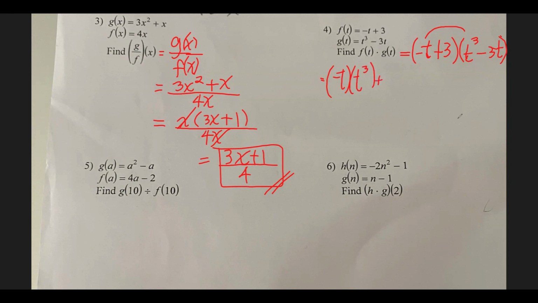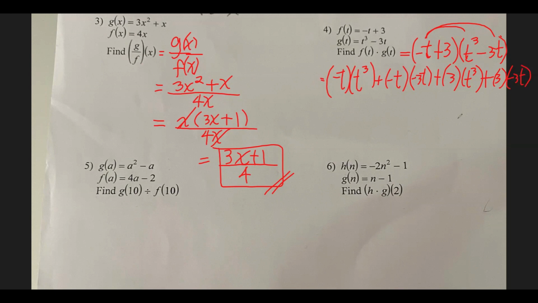Then plus our outer, which is this and this one, so negative t times negative 3t. And added by the inner term, that is 3 times t cubed. And the final one is the last term, which is positive 3 times negative 3t.